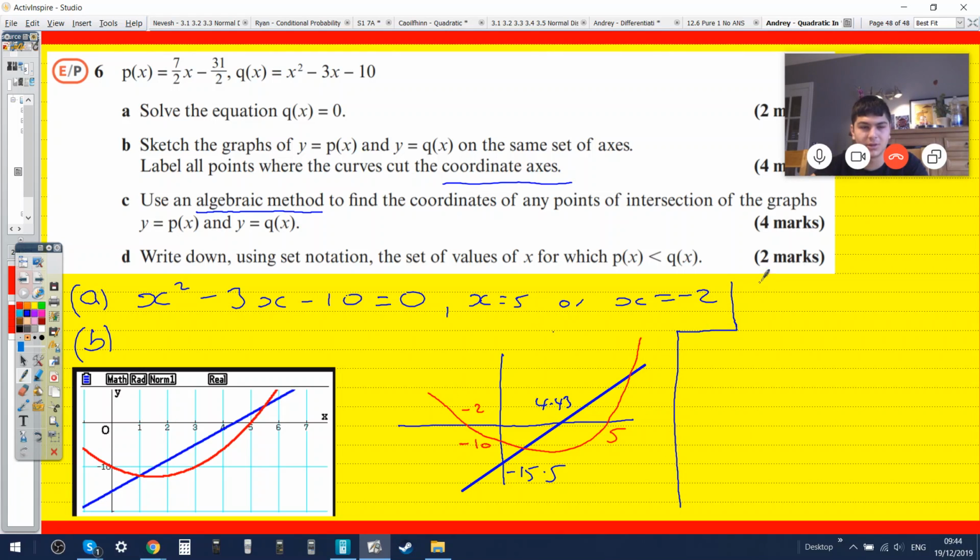So do I now need to do 7 over 2x minus 31 over 2 equals x squared minus 3x minus 10? Yeah.